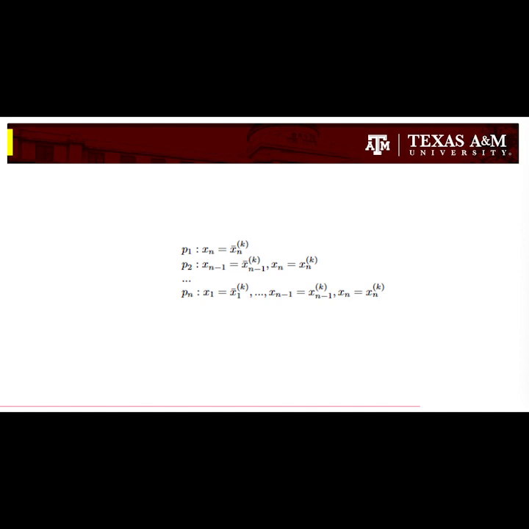Now, the big difference in what Lawler does is we start at the very end of our solution vector. And we do this because we're going to take advantage of the dynamic programming table that we produce after we've obtained an optimal solution. So, for example, if the last solution variable in the optimal solution is 1, we're going to change it to 0 and leave all the other solution variables free in the first subproblem.